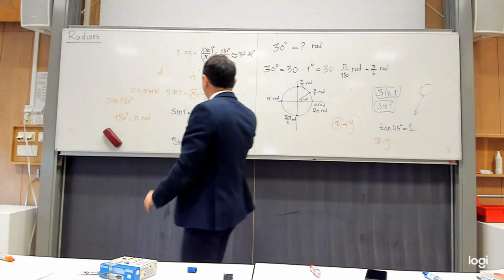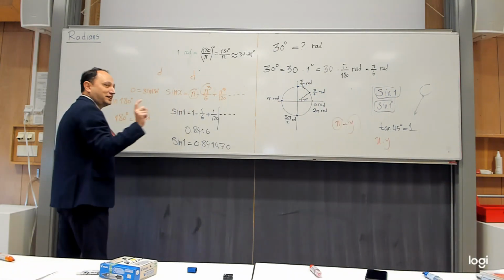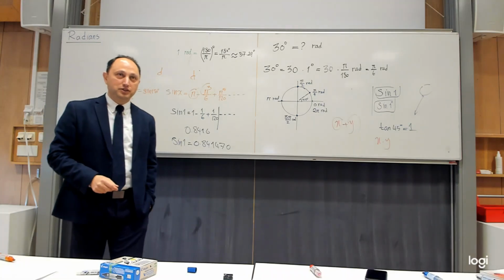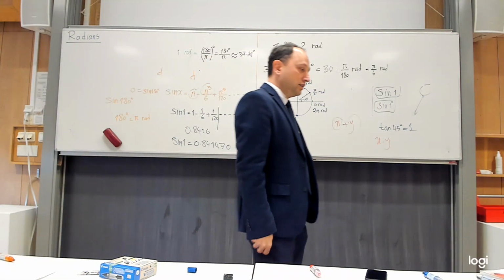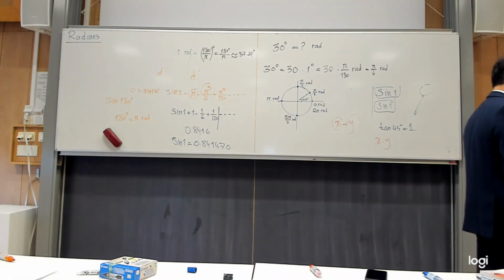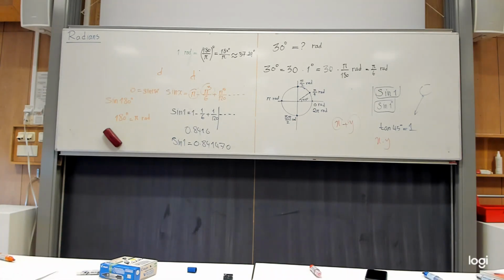Okay, at least you have a good understanding of what is going on in your calculator or in GeoGebra. So from now on, don't think that you have to have the notion of an angle to talk about sine or cosine. You can talk about sine and cosine of numbers. But if you want to interpret it as an angle, it means that the number should be expressed in radians.